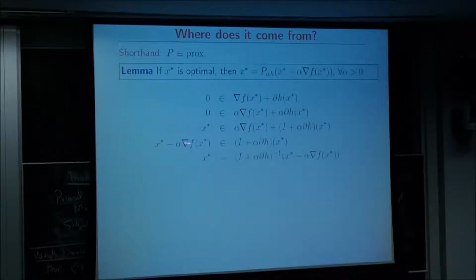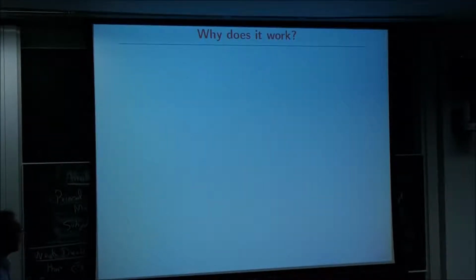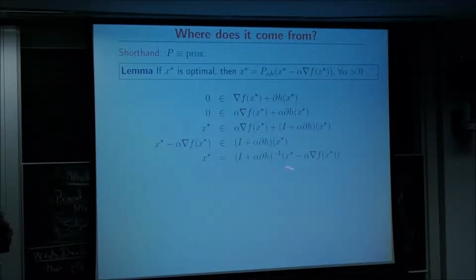So we wrote x star minus that difference as that inclusion, and if you could invert that inclusion, then you get an equation that x star satisfies, since x star is an optimal solution of the problem.